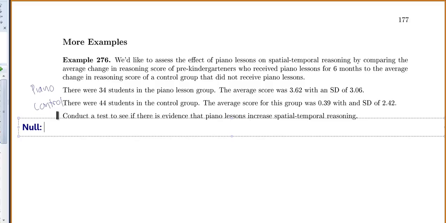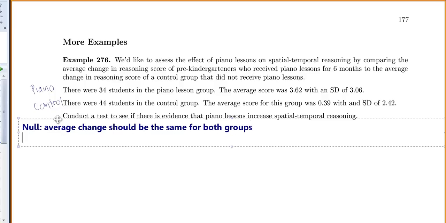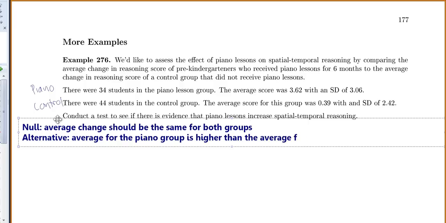So, our null hypothesis would be that the average change should be the same for both groups. The alternative would be that the average for the piano group is higher than the average for the control group.